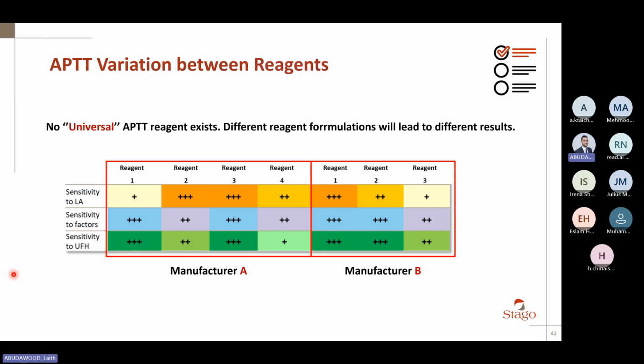For example, PTT Automate is far more sensitive to heparin than CK-Prest. PTT Automate is far more sensitive to lupus than CK-Prest. Now, why is this relevant? This is quite important, and you will see why in a second. The same concept applies with all manufacturers: Werfen, Sysmex, Siemens, Biolabo, Human, you name it. This is an APTT issue, it's not a manufacturer issue, okay?